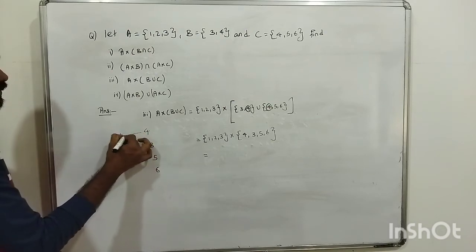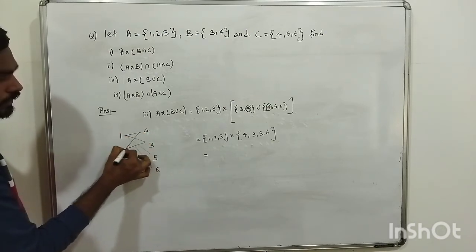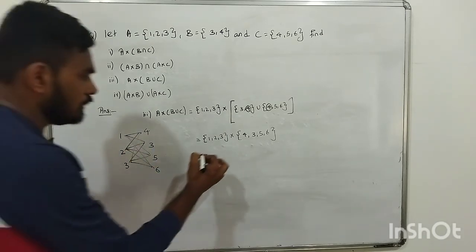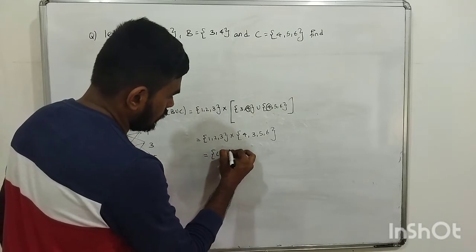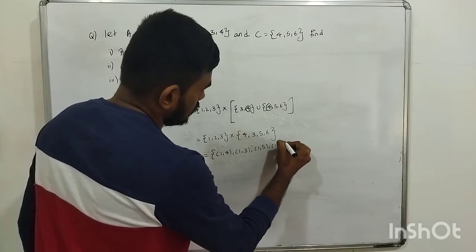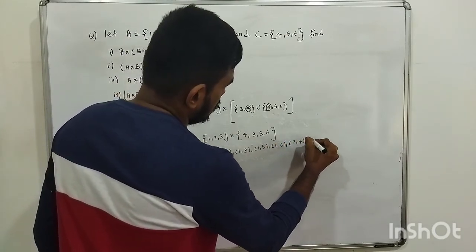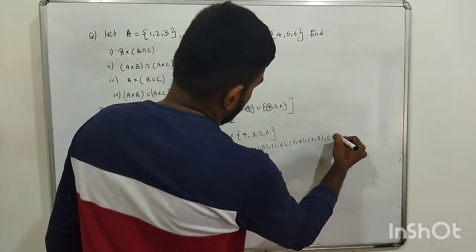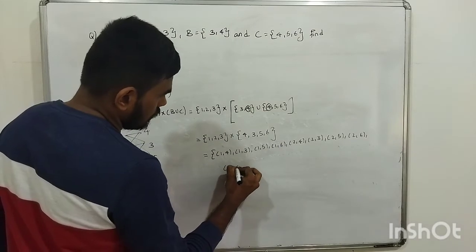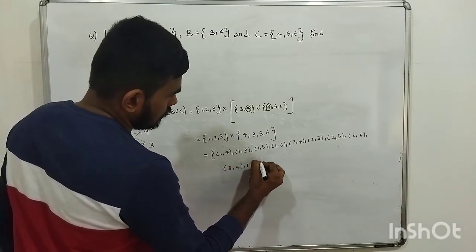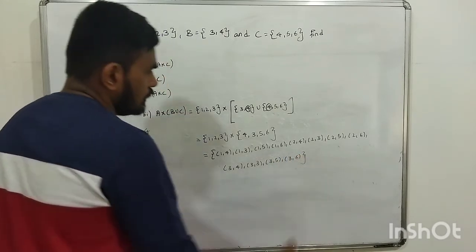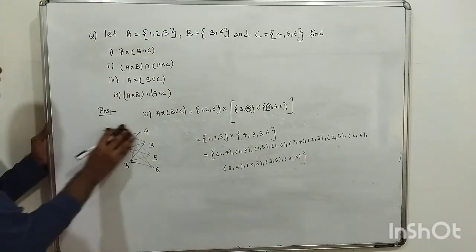So we get (1,4), (1,3), (1,5), (1,6), (2,4), (2,3), (2,5), (2,6), (3,4), (3,3), (3,5), (3,6). These are the elements. Similarly, we can find A cross B union A cross C.